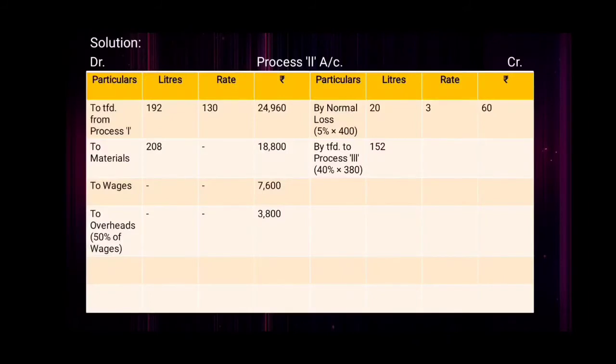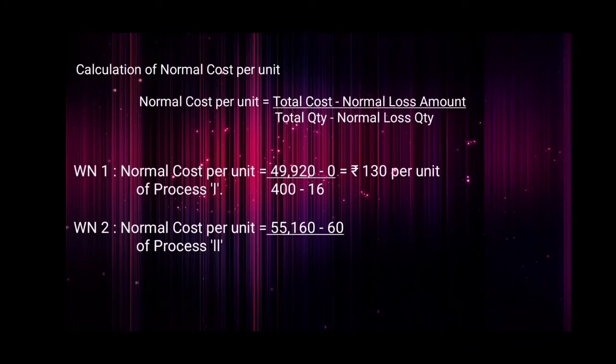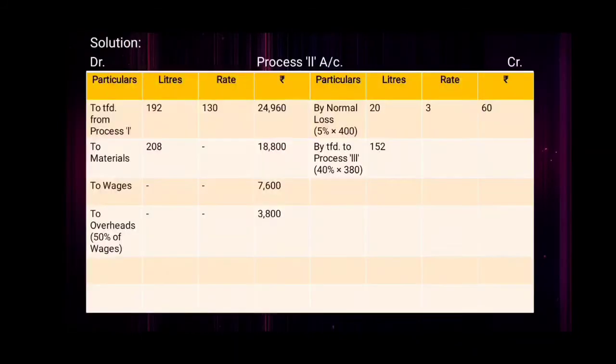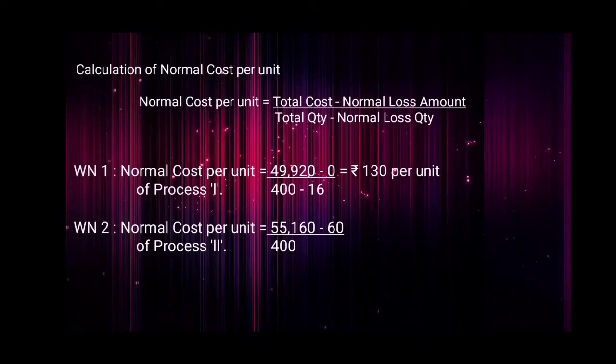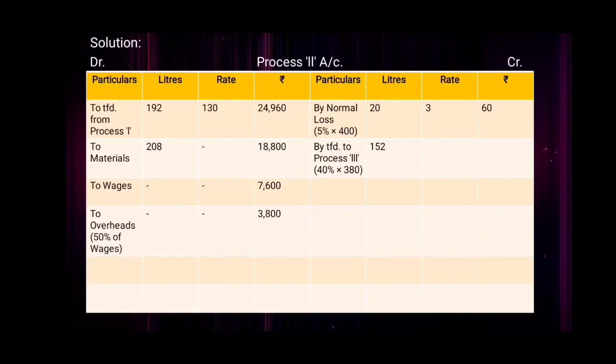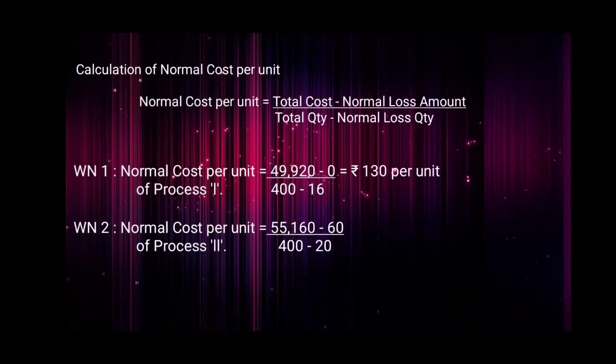So the normal loss amount is 60, divided by total quantity. So the total quantity is 400 minus normal loss quantity, which is 20, which is equal to 55,100 divided by 380, which is equal to rupees 145 per unit.